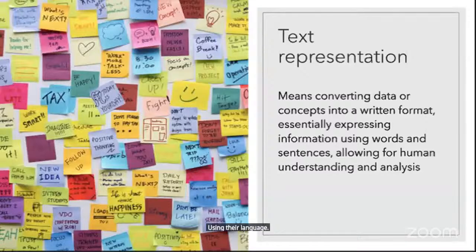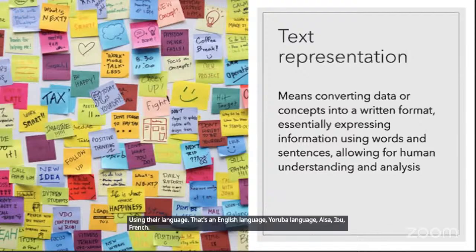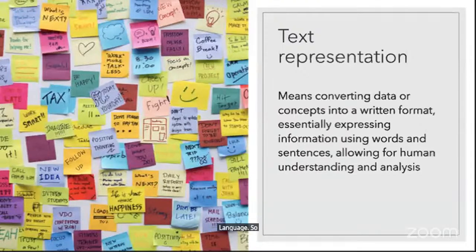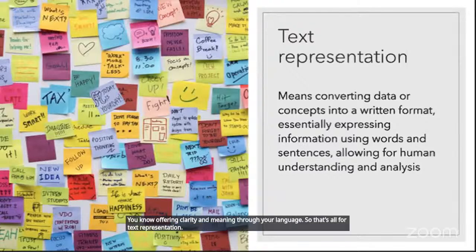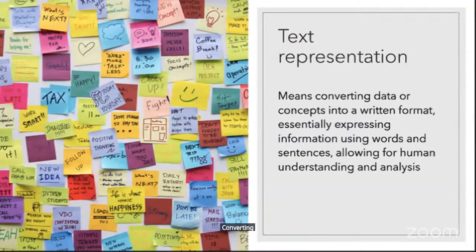That's English language, Yoruba language, Hausa, Igbo, French language. So essentially, text representation makes complex data more accessible, offering clarity and meaning through your language. So that's all for text representation, converting your data into a written format.